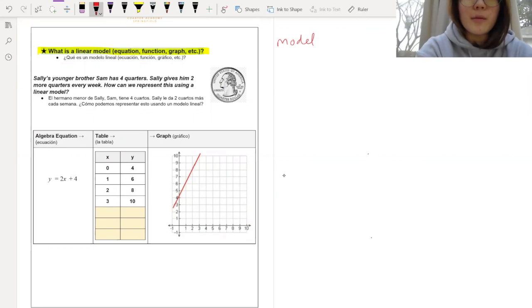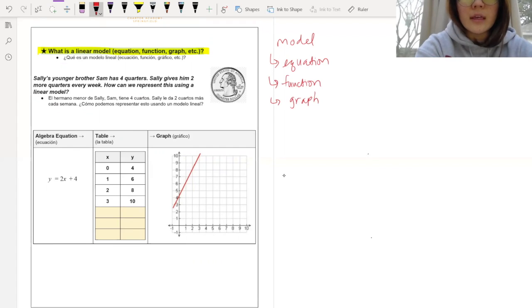When I'm talking about a linear model, it could be an equation. It could be a function, which is something we talked about a couple units before. It could be a graph. It could be a table. It could be a word problem.